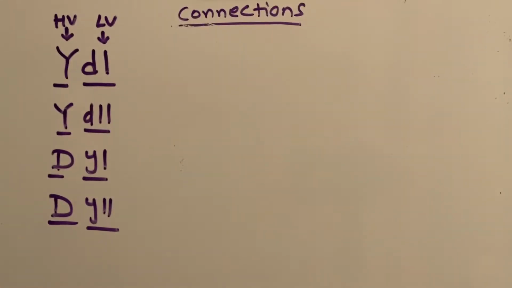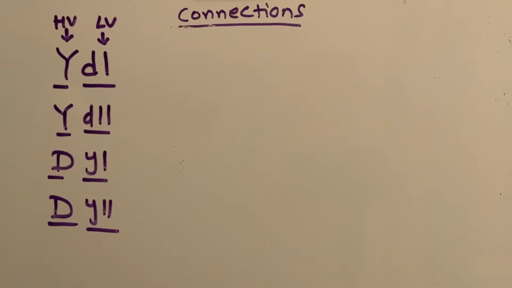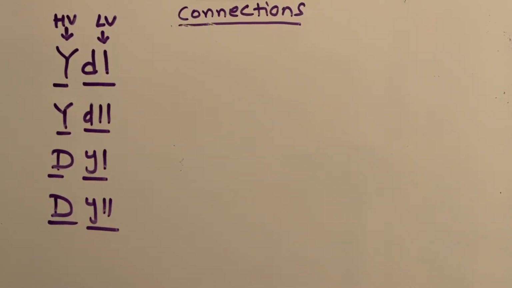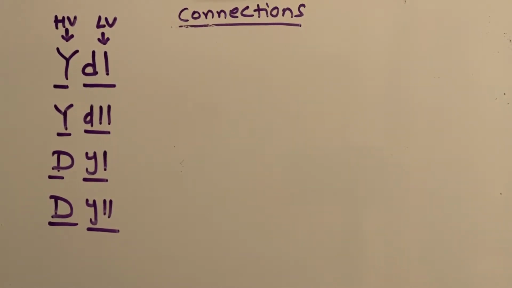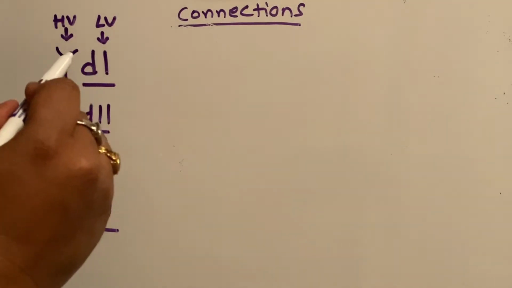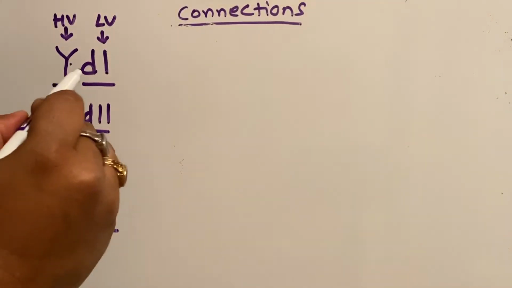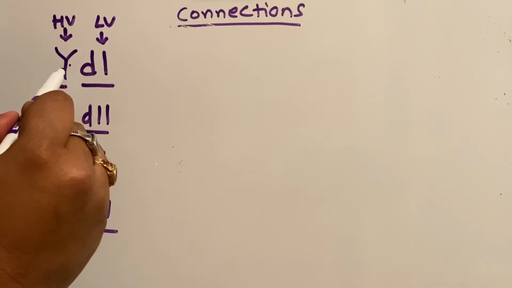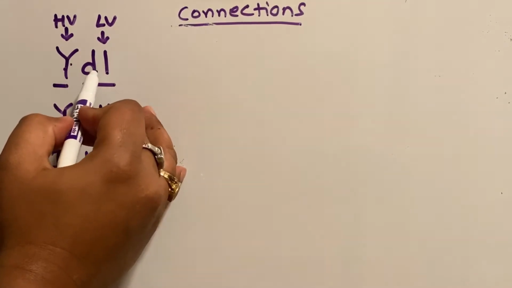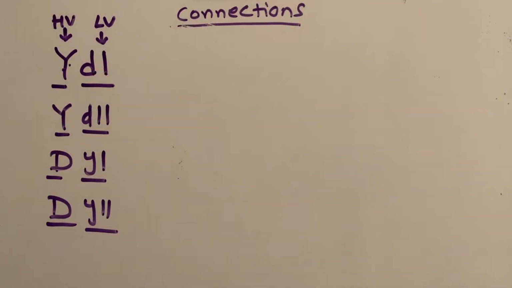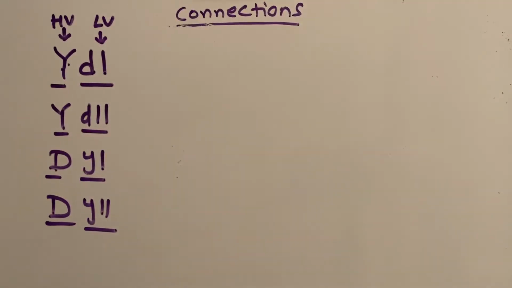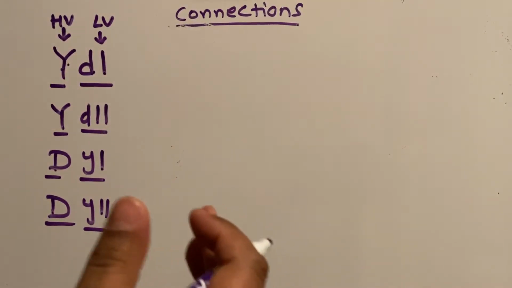So now we are going to see how we make physical connections in order to achieve YD1, YD11, DY1, DY11. So if you see YD1, Y is the high voltage side, D delta is the low voltage side. So let's make the YD1 connection in a practical transformer.